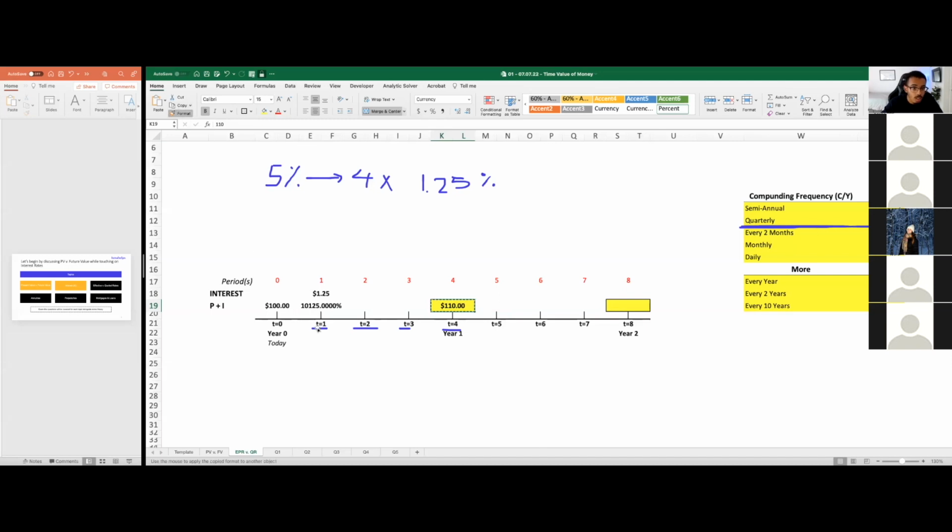It's going to be 101.25. All right. So the thing is, though, because we are compounding every single quarter, we are going to reinvest $101.25 at our interest rate of 1.25%. So if we were to do 1.25% of $101.25, how much would we have?